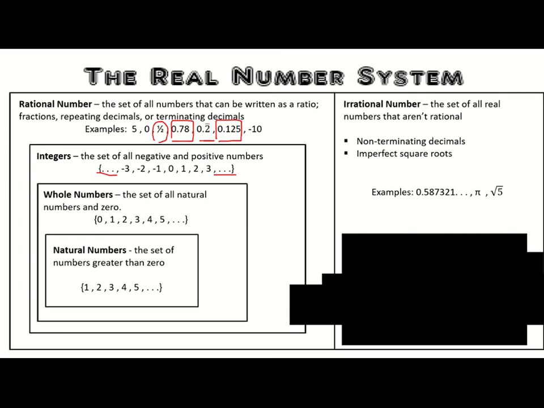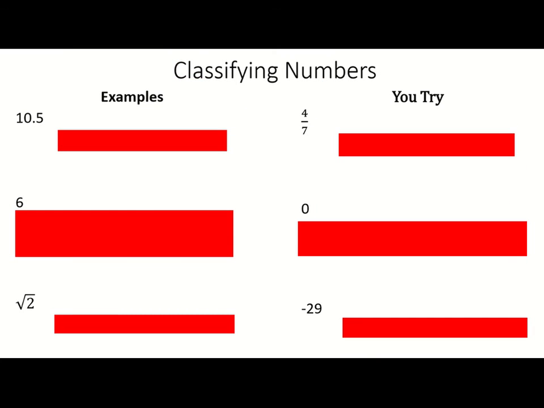So let's go take a look at a few examples. First, we're going to practice classifying the number 10.5. 10.5 is a decimal, as you can see, and decimals were either rational numbers or irrational numbers, depending on what kind of decimal it was.